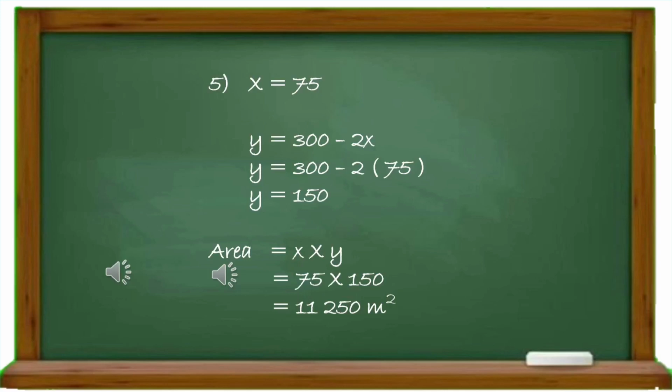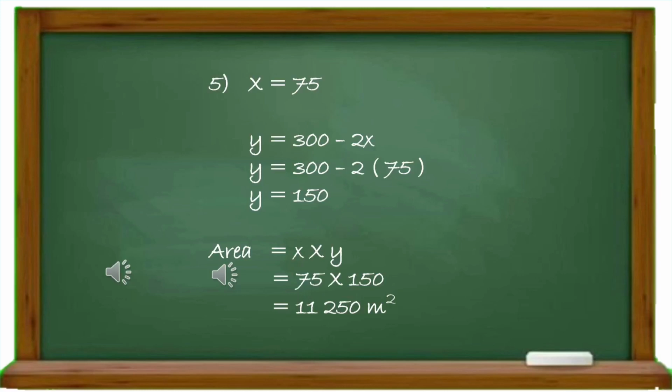So now we have both values, the length and the width, x and y. How to find the area? We can use the area formula, which is x multiplied by y. Area formula is actually width multiplied by length. So x multiplied by y, 75 multiplied by 150.